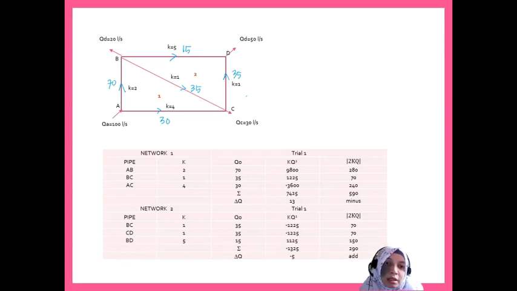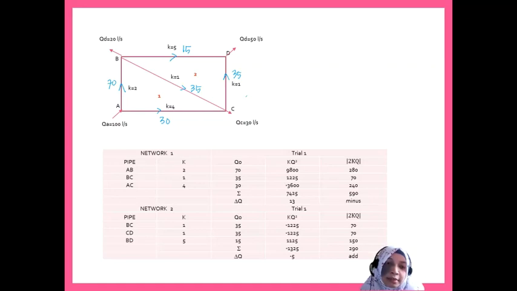So we have to assume the value of the discharge in direction or out direction. 70 has direction in, or enters point B, and out 35 and 15.